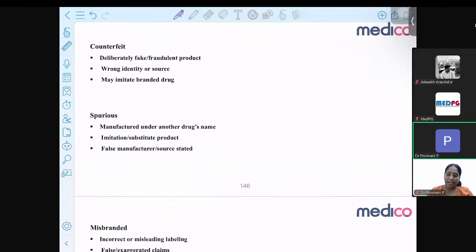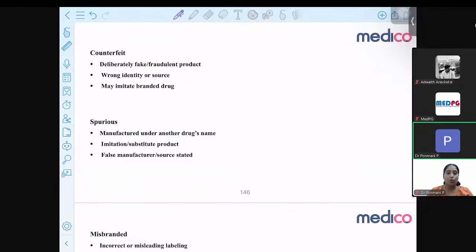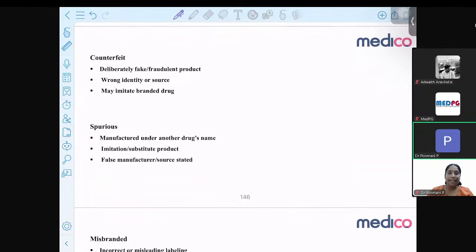So now let us see what counterfeit and spurious are. Counterfeit means it is deliberately made as a fraudulent product, and it may imitate a brand drug. Mostly, there will be a decrease in the quantity of the active ingredient in a counterfeit drug. What is a spurious drug?